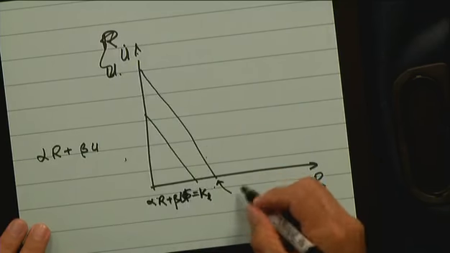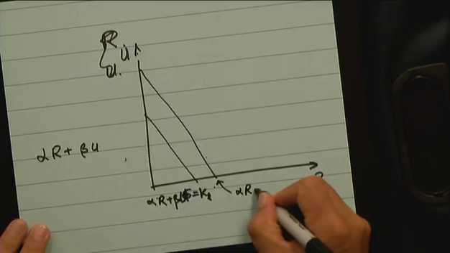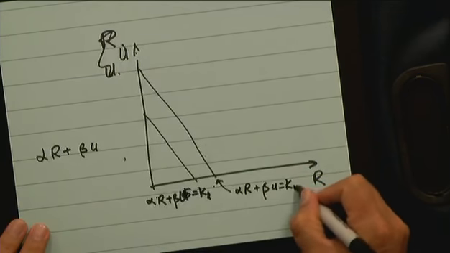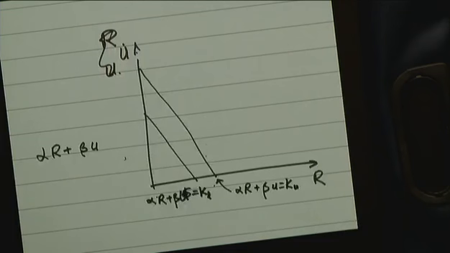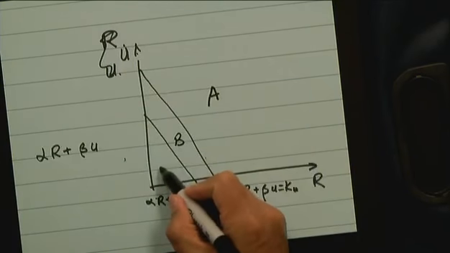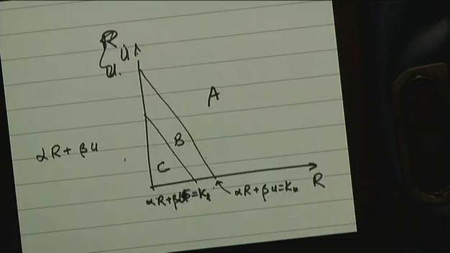This line is defined by alpha R plus beta U equal to KU. So this is essentially what you have there, and then this is A, this is B, this is C.